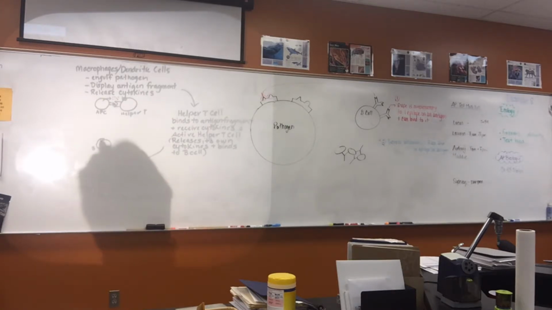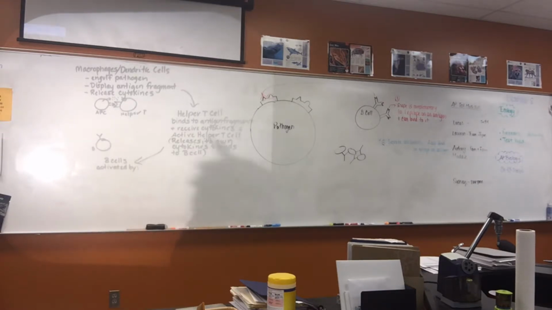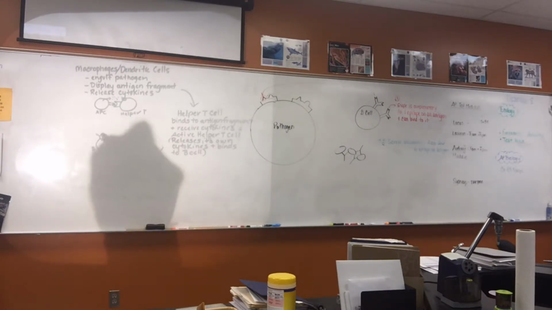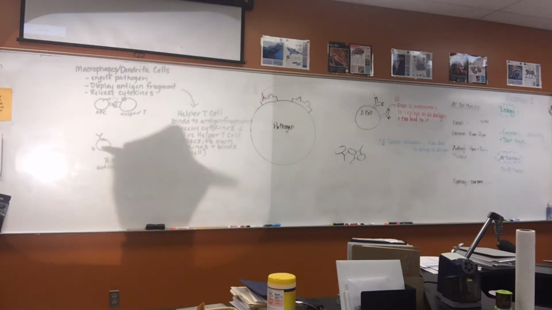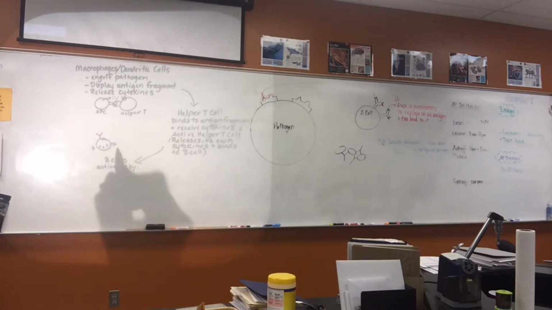The B cell, remember, has those Y-shaped antigen receptors that are almost identical to the shape of antibodies. So they have binding sites at the ends that the antigen can bind to. And then they take that in and destroy it, but you have these antigen fragments inside here. And then the B cell displays those antigen fragments. And so that's how the helper T cell binds to it.